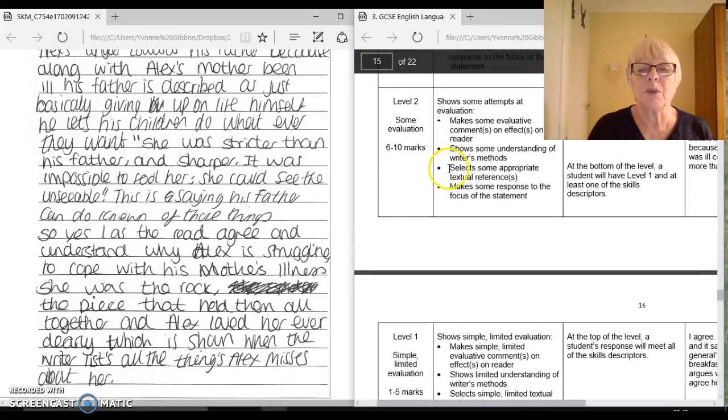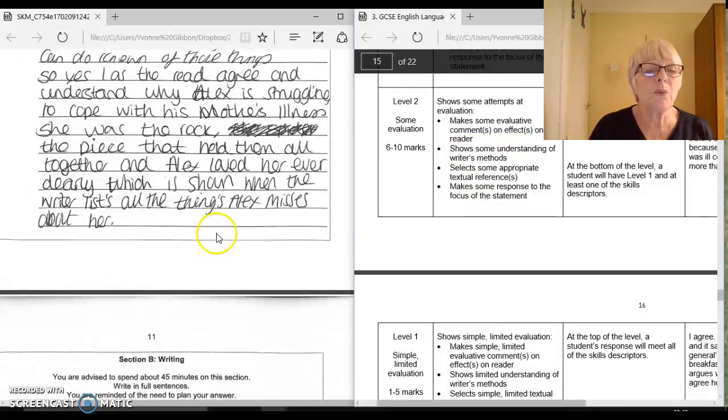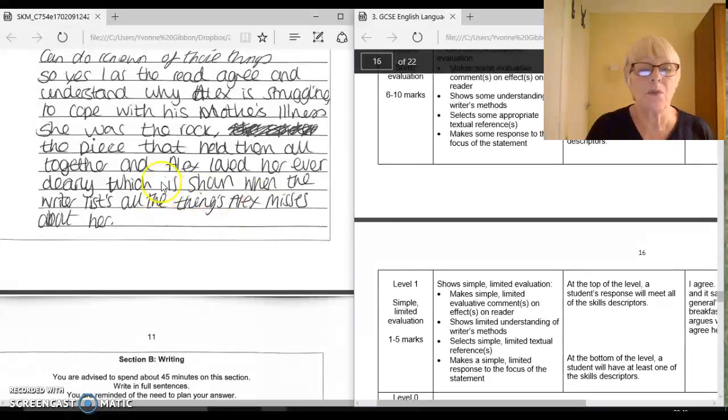So to be looking at level 2 shows some understanding of writer's methods. Now there's only one point where you've commented on the writer's methods, and that's where it says Alex loved her dearly, which is shown when the writer lists all the things Alex misses about her. But unfortunately you've not put the quote in there, so that point on the writer's methods has to be in level 1.